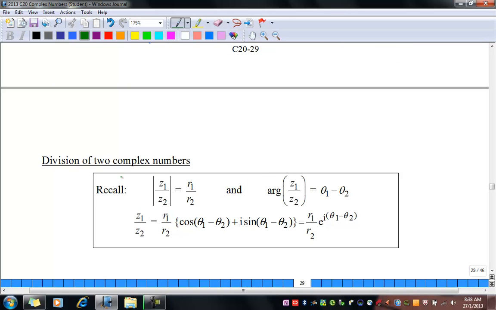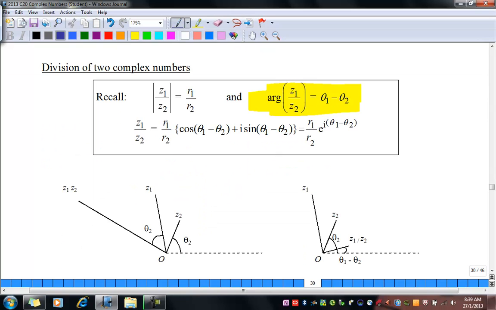This is further visible from the case where we do division, and it is actually quite similar, but now because of what we have studied on the properties of the argument, instead of taking the sum of the arguments, I'm going to take the difference. So now I'm going to explain the difference using another diagram which has been printed over here.